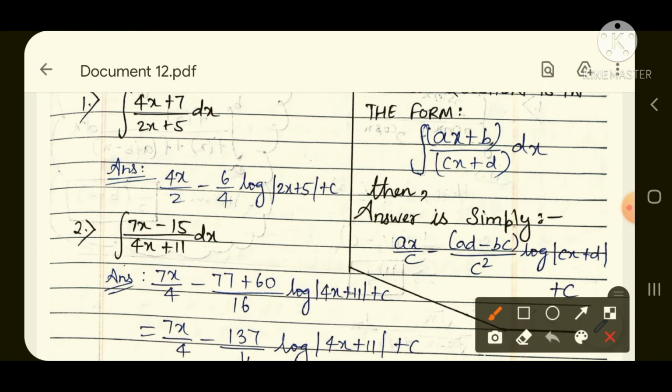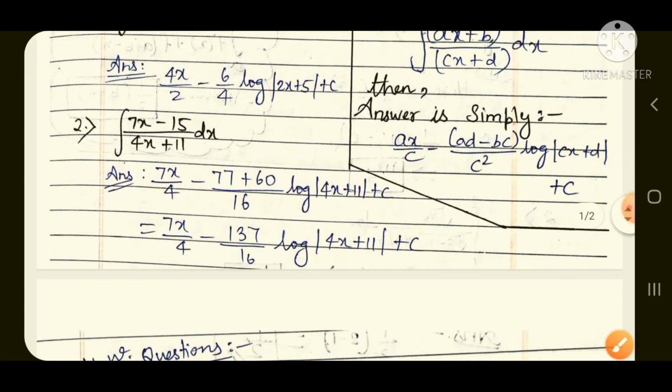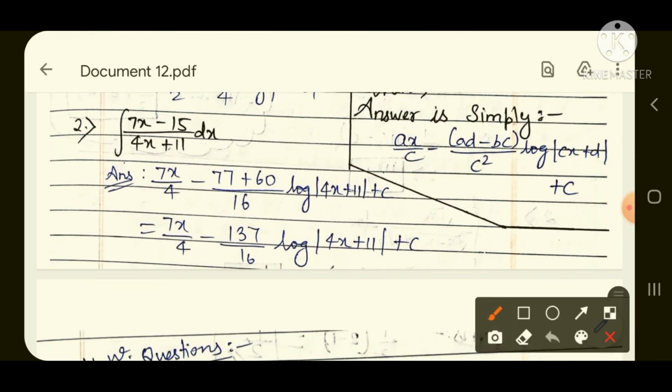Our next example is here. Integration of mod of (7x minus 15) by (4x plus 11) dx. Here again we will follow the same rule, ax by c. What is ax? 7x by 4, minus cross multiplication, 11 times 7 is 77.